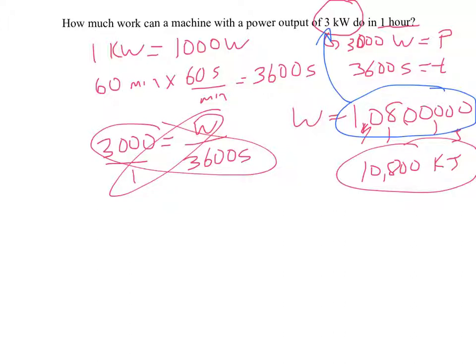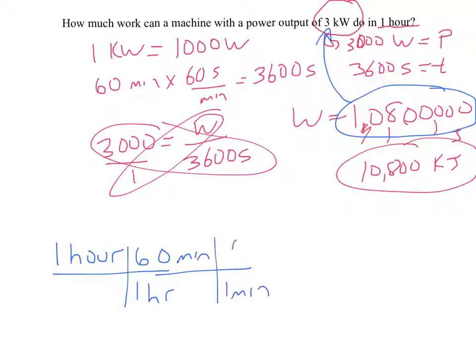We can also do this with fence posting if we really like. We start off, we have 1 hour is how long it's working for. And so we know that in 1 hour there are 60 minutes. In 1 minute there are 60 seconds. We know from the work that there are 3 kilowatts, or 3 kilojoules for every 1 second.